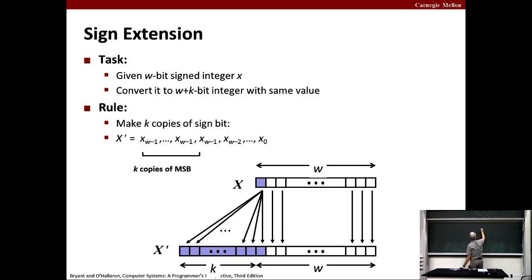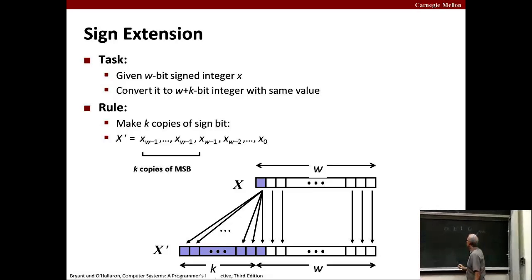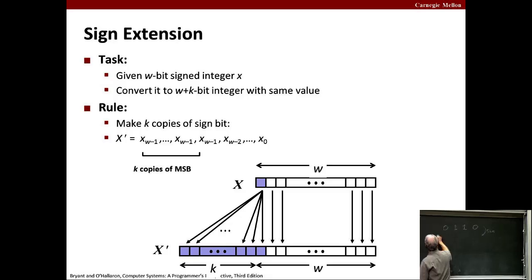So let's look at some 4-bit values. Well, it's pretty straightforward. If the leading bit is a 0, I'm just going to do a left shift and then fill in.